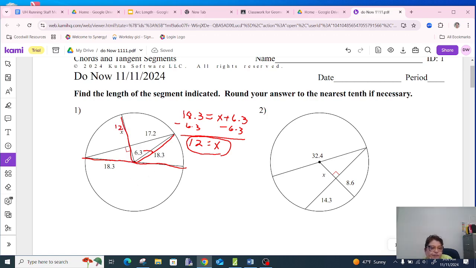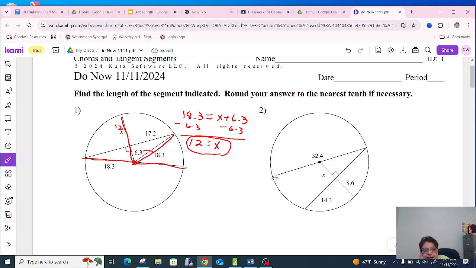On this software that I use that creates these worksheets, if they put this 18.3 shifted, that means the radius is 18.3. But see here how they have it right next to the center? This means the diameter is 32.4. Okay?